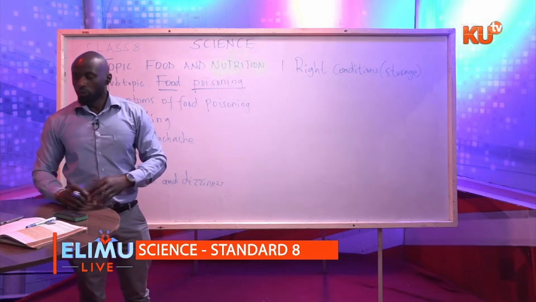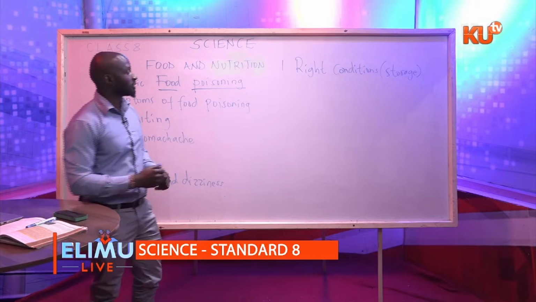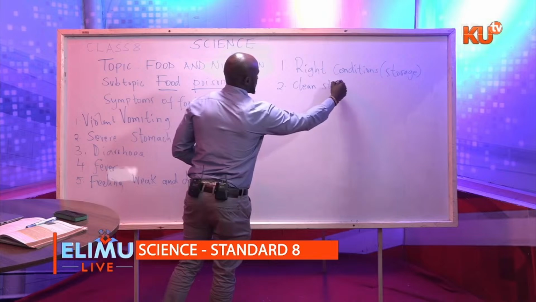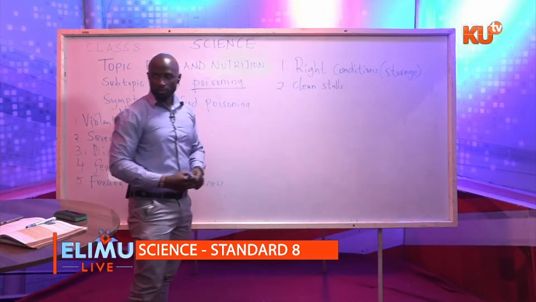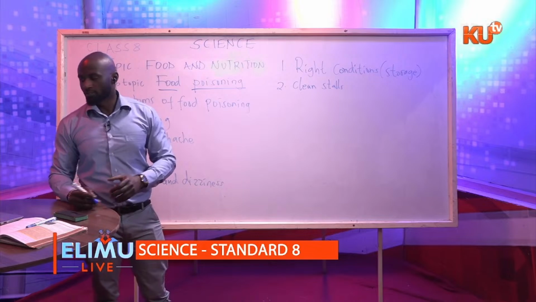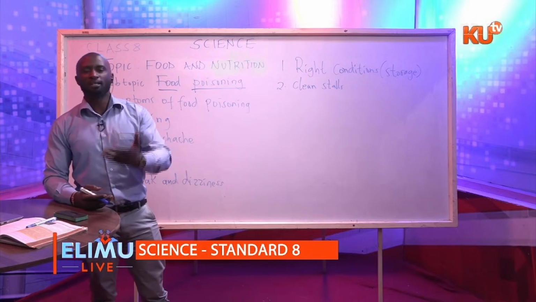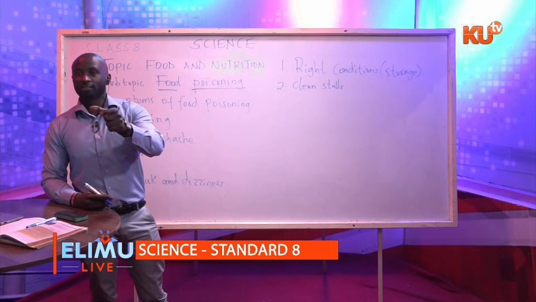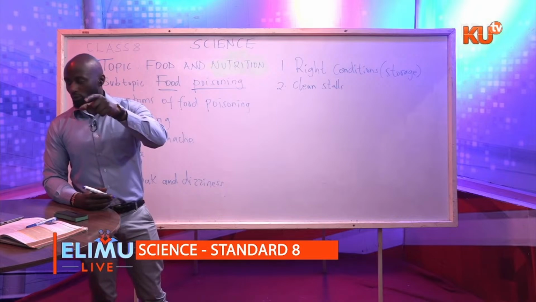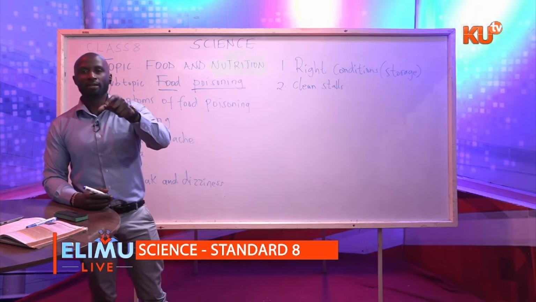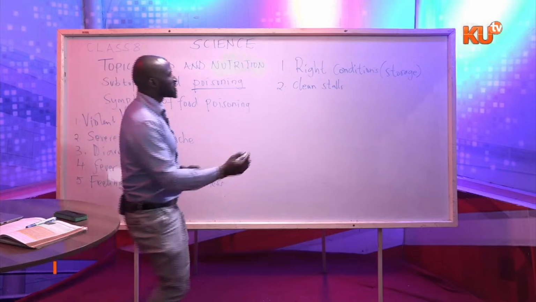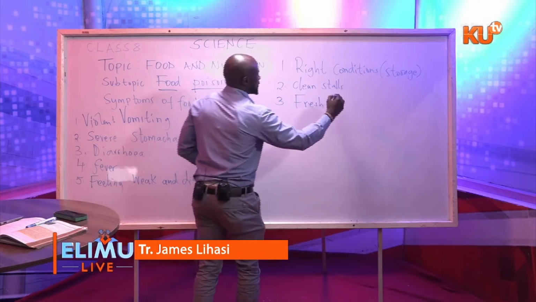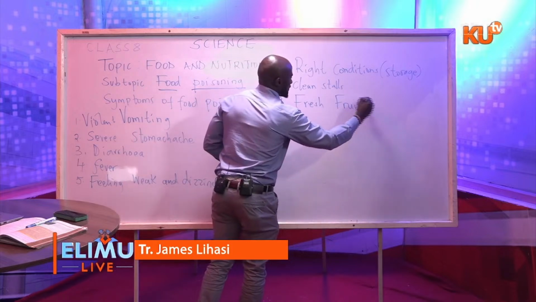Number two, when you go to purchase food, make sure that you purchase food from clean stores, whether stores, kiosks, food vendors, or marketplaces. Make sure that place is clean, right? Then once you buy it, ensure that you are buying fresh products, especially, boys and girls, when you talk of fruits and vegetables.